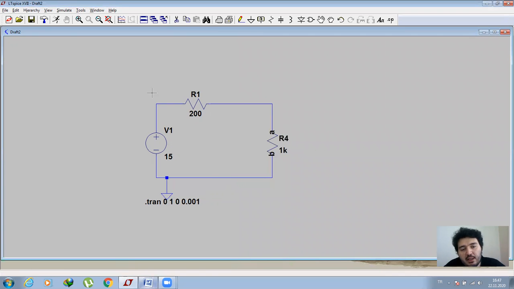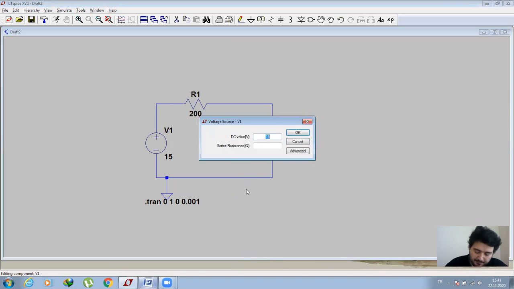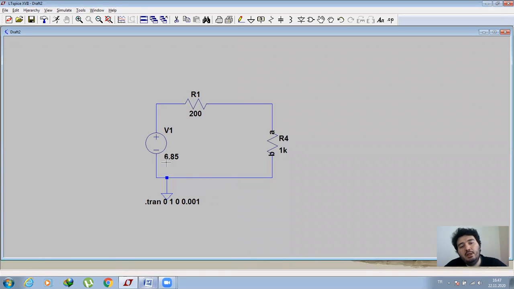So I am assigning my Thevenin resistance as 200 ohm, and also my Thevenin voltage is, please remember, we measured 6.85. So I'm ready for the simulation.